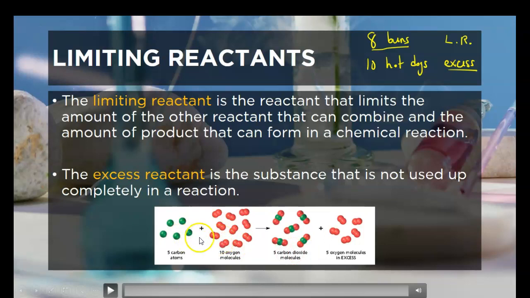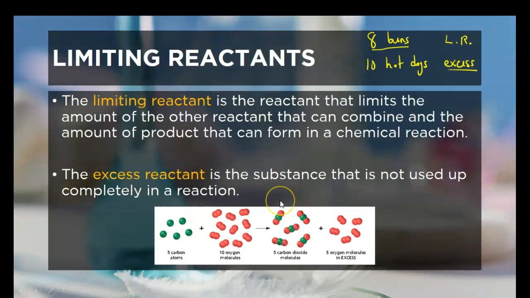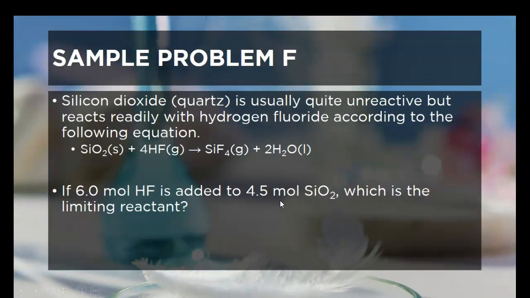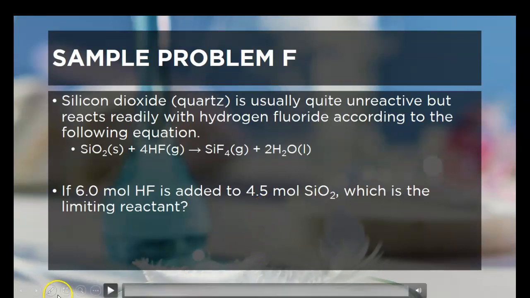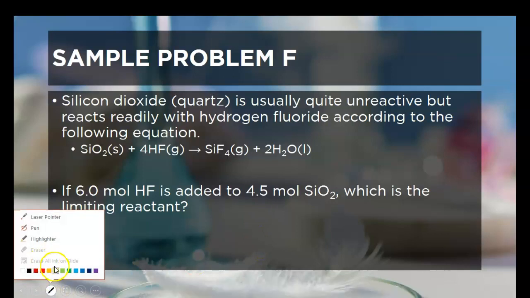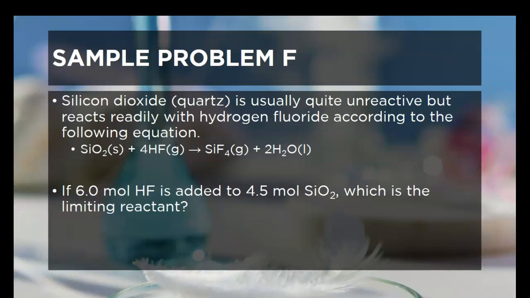Because it takes 2 oxygens and 1 carbon to build it, I'm going to be able to build 1, 2, 3, 4, 5, but then once I run out, I'm going to have 5 oxygen molecules left over. So you're going to do a lab with that online with sandwiches. Before we do that, we're going to look at some sample problems.